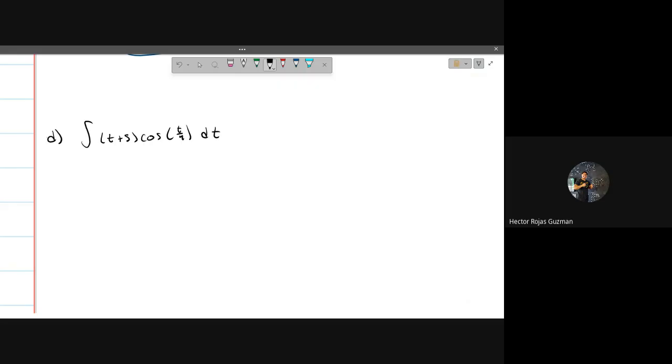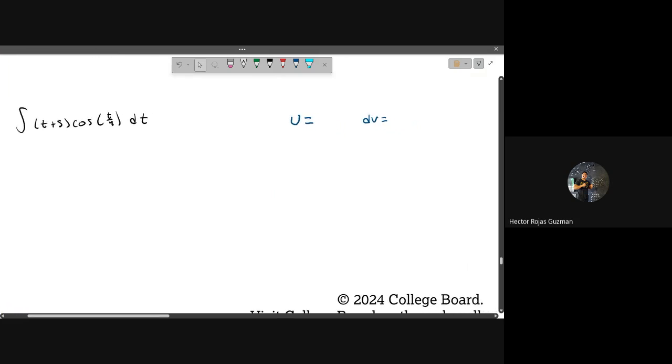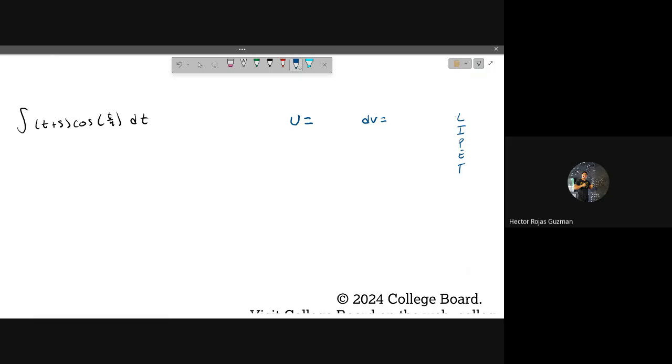You have to identify a part that you're going to derive easily and a part that you can integrate easily. You can always follow the LIPET rule. You guys remember? Logs, inverse trig, polynomials. So which one's my dv?